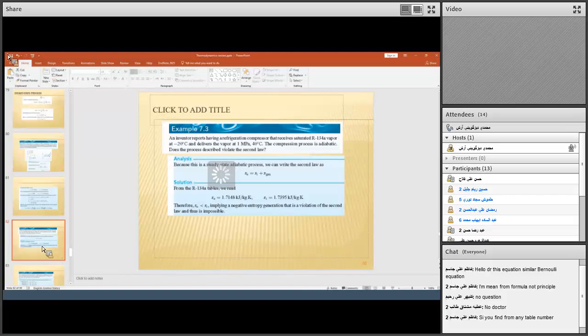Because of a steady state process, the entropy at exit equals entropy at inlet plus entropy generation.